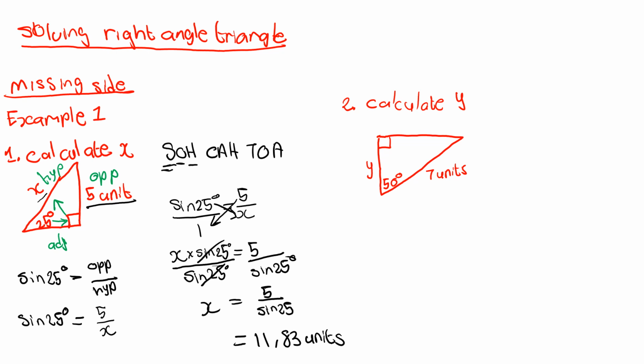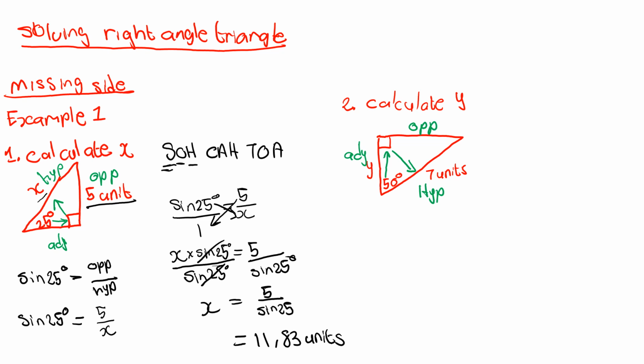Remember, the first thing you do, you must name your side. So from your angle 50 to your 90 degrees, that's where you have your adjacent side. I said the 90 degrees faces the hypotenuse, and the remaining side is your opposite.